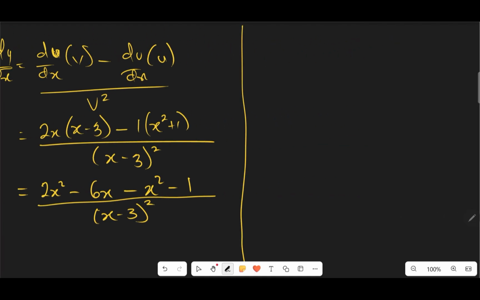From the top, 2x squared minus x squared gives x squared, so I get x squared minus 6x minus 1 all over x minus 3 all square.